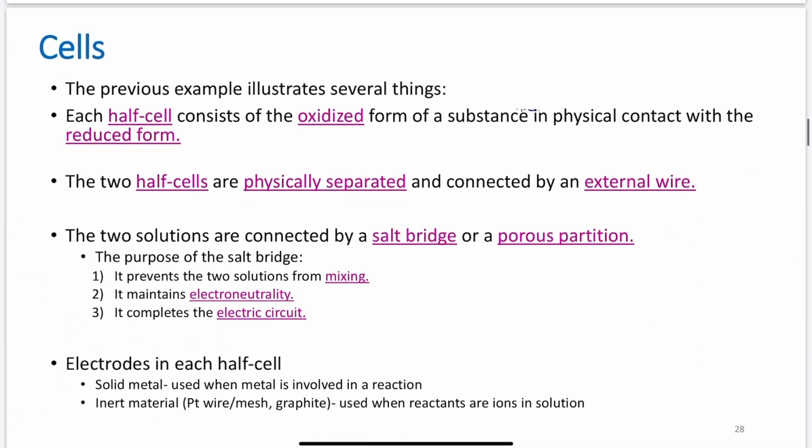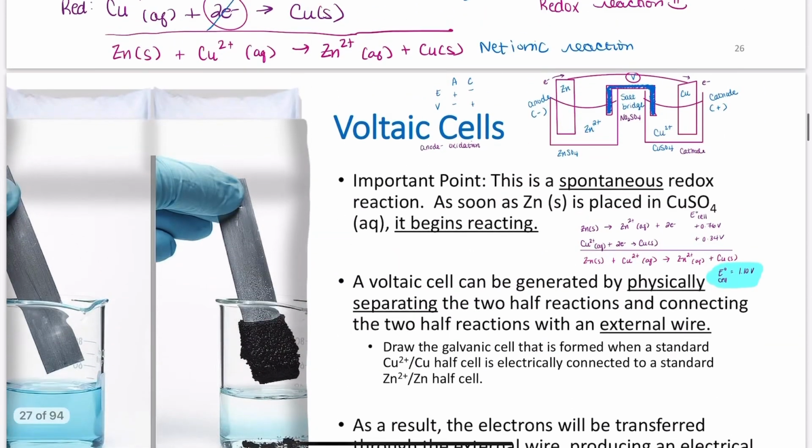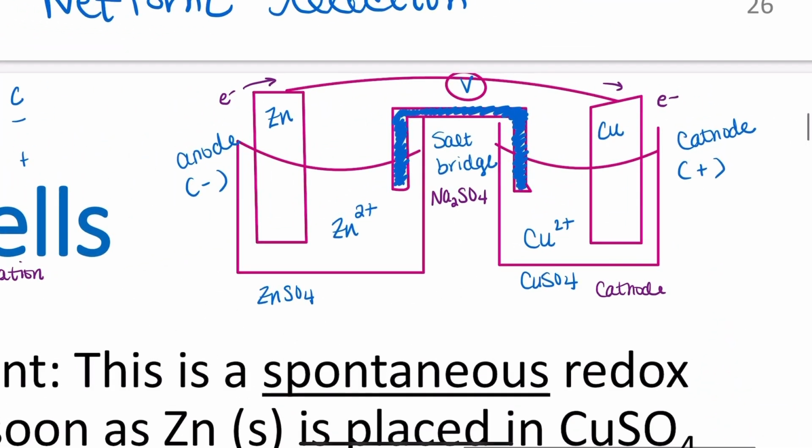The cells themselves. The previous example illustrates several things. The first is that each half cell consists of the oxidized form of a substance in physical contact with the reduced form. What I noticed there when I drew these, here, I've got the oxidized form of zinc in physical contact with my reduced form.